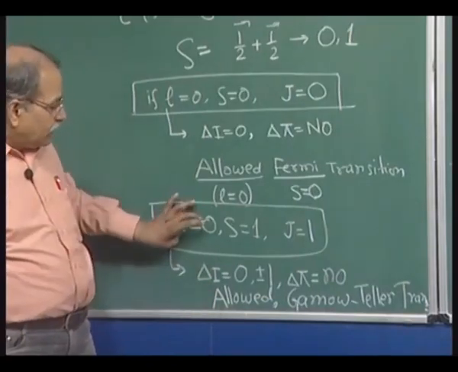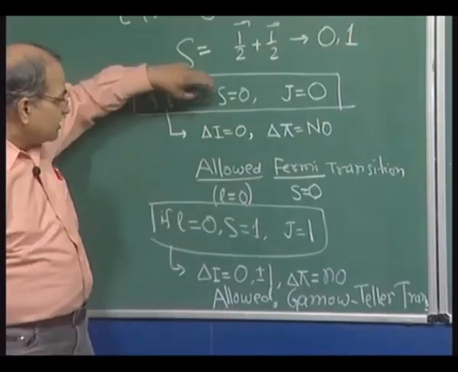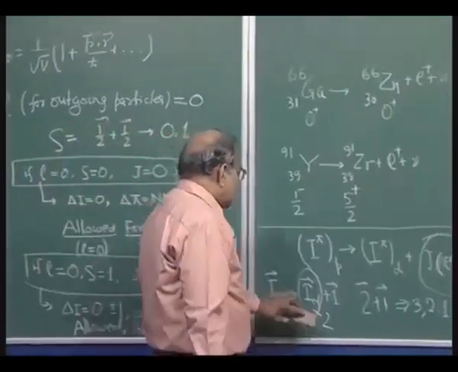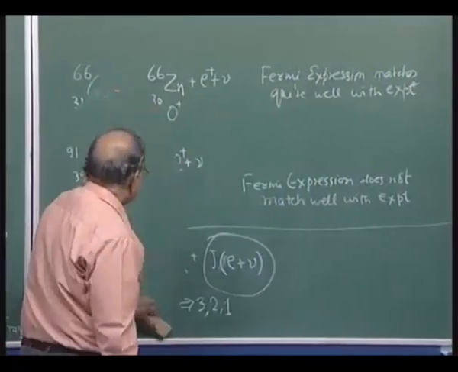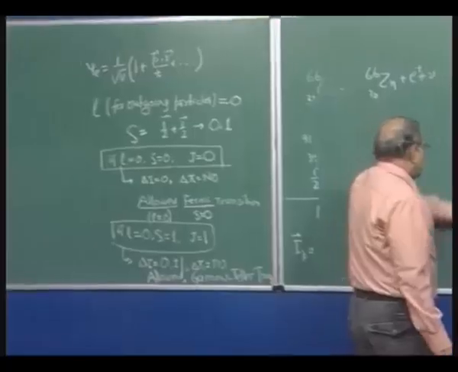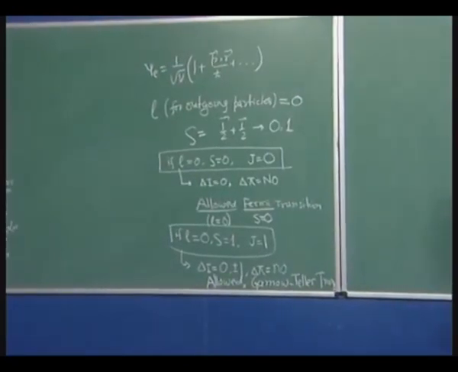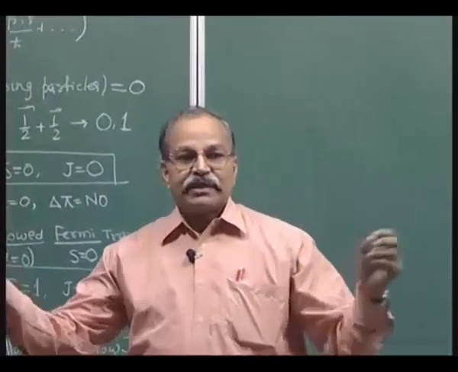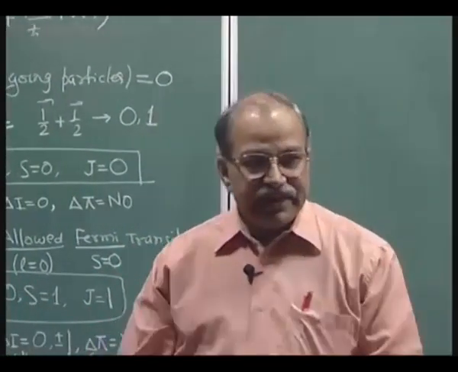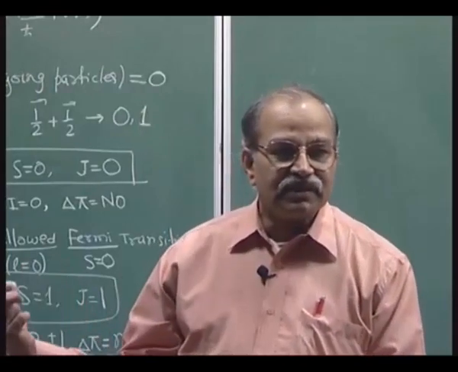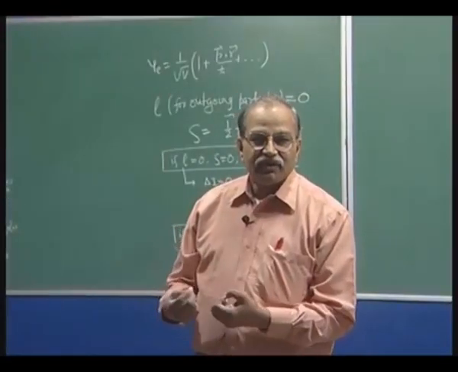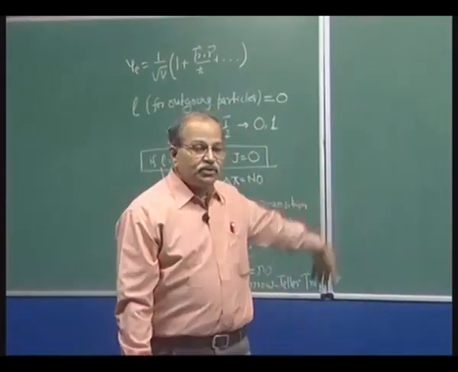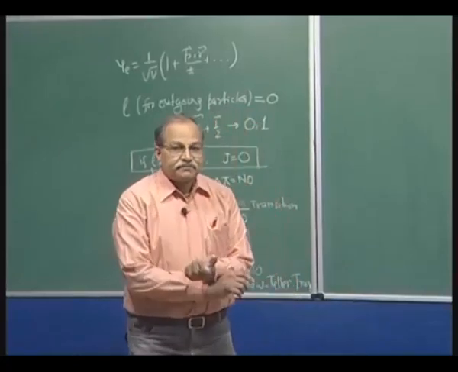So, it is allowed Gamow-Teller, and this is allowed Fermi. Our expression that is derived using Fermi theory is essentially for allowed transitions, and all those beta decays which decay through these selection rules, these parity and spin angular momentum changes, will in general conform to that expression.